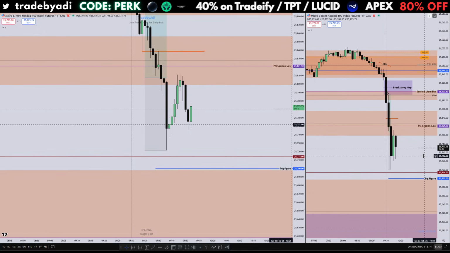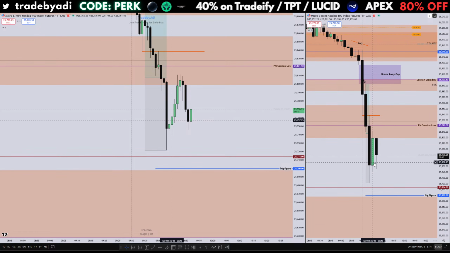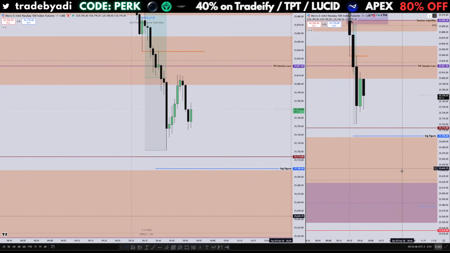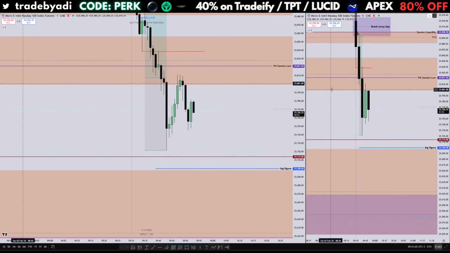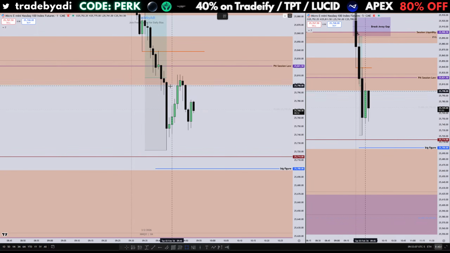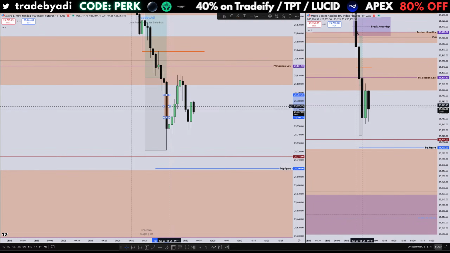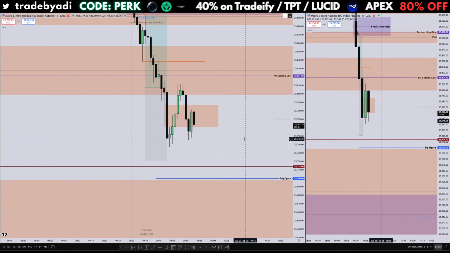Once we do have a body closure on this 5 minute order block, we can look for these fair value gaps, because right now we are into this FVG, IFVG.